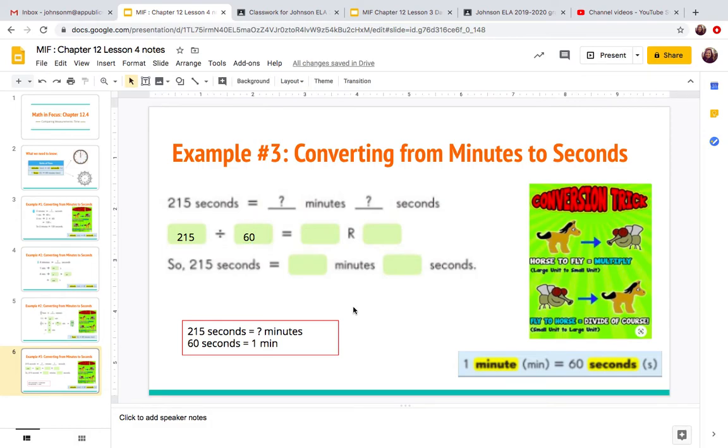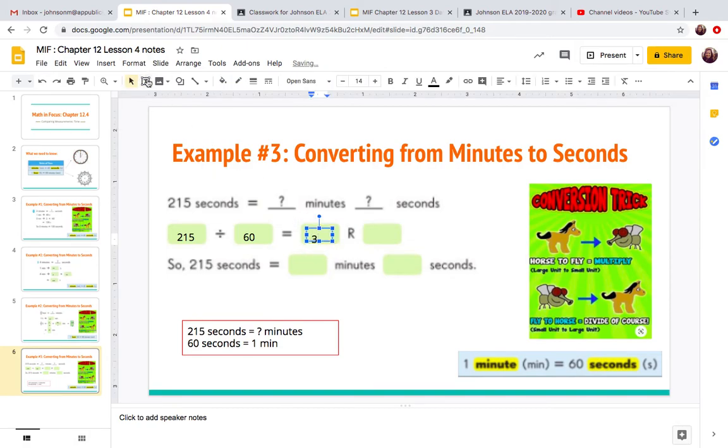That is going to give me 3 with a remainder, my calculator shows 0.58.